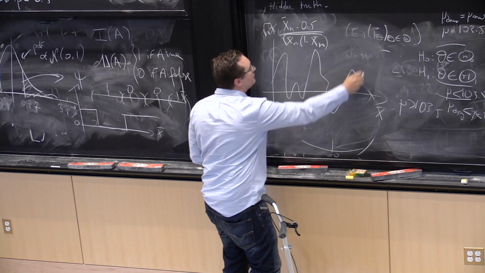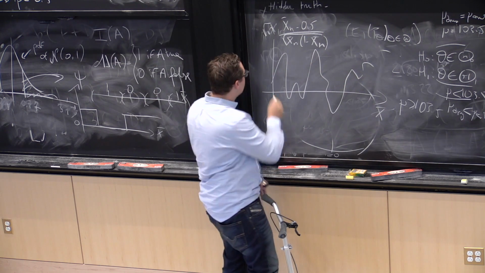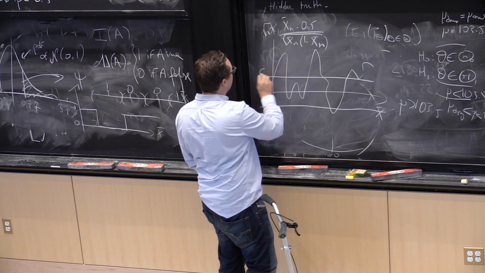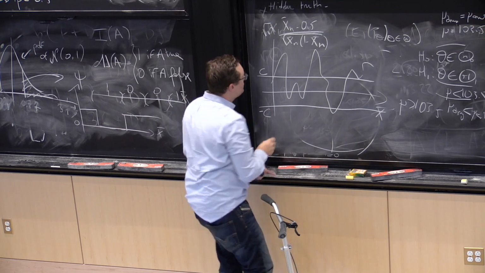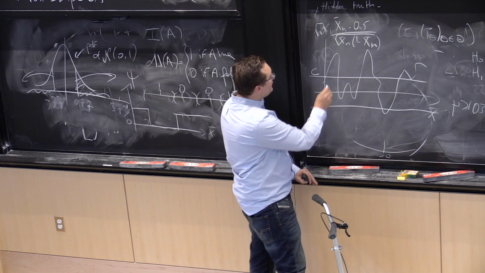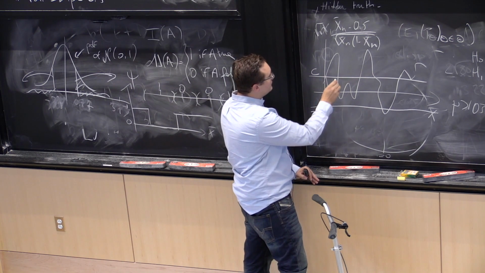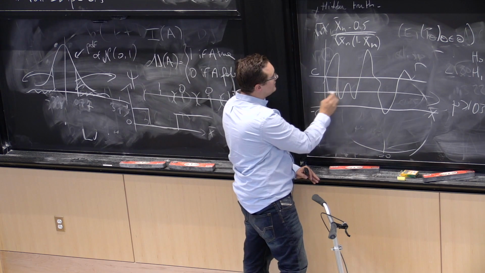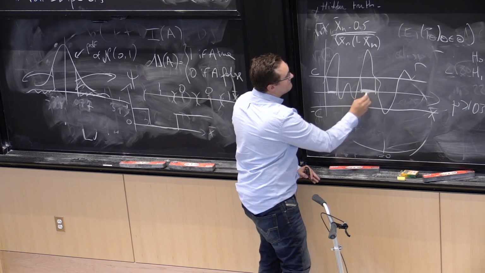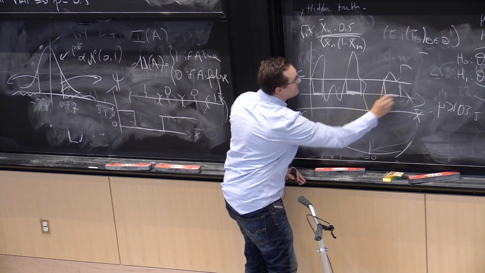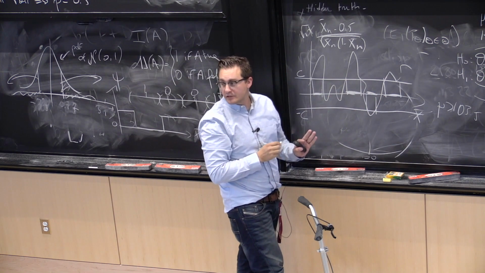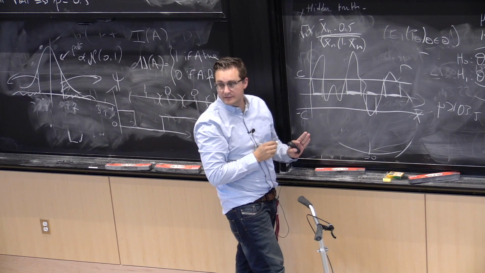So it's some crazy stuff like this. And all I'm asking is whether in absolute value it's larger than c, which means: is this function larger than c or less than minus c? So the intervals on which I'm going to say 1 are this guy, this guy, this guy, and this guy. And everywhere else I'm saying 0. Everybody agrees with this? This is what I'm doing.